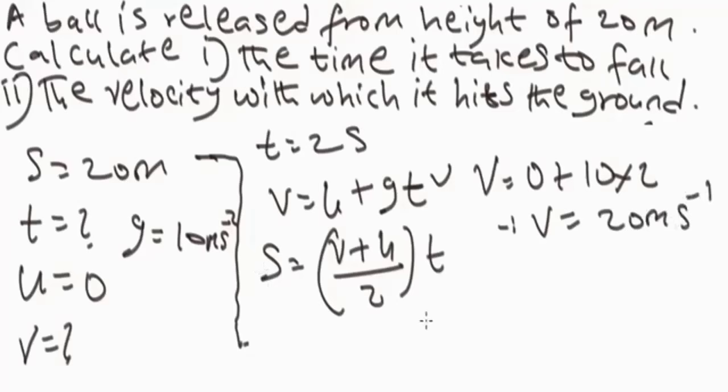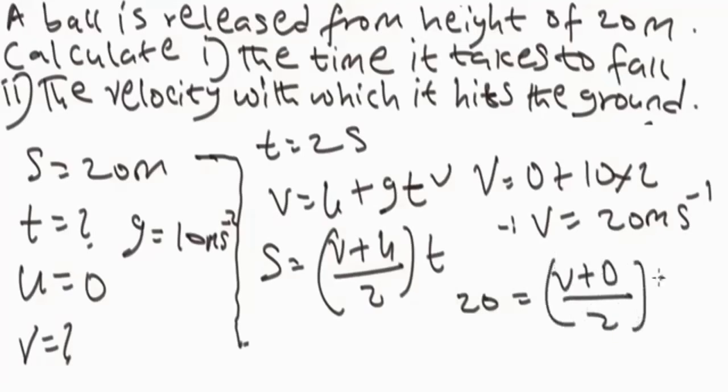Whereas if you use this one, our x is 20 equals our v, which is unknown, plus u, which is 0, over 2, times the time, which is 2. So when you simplify this, you are going to have 20 equals 2v over 2 times 2.